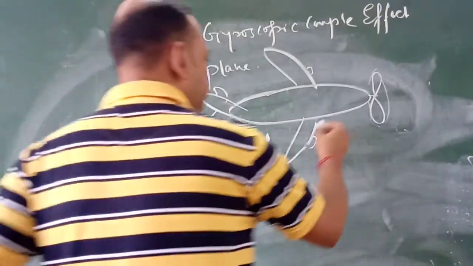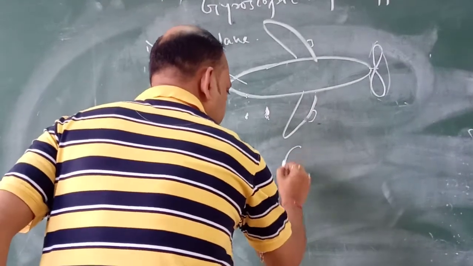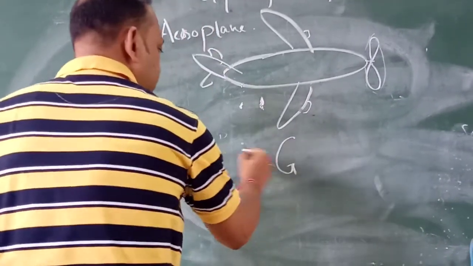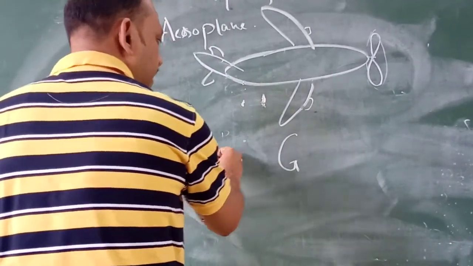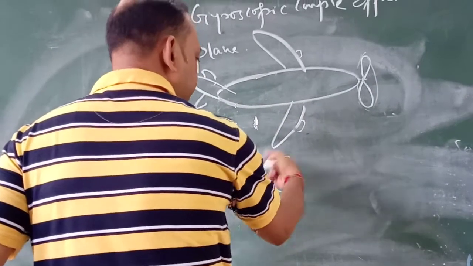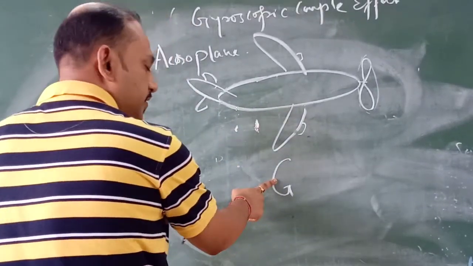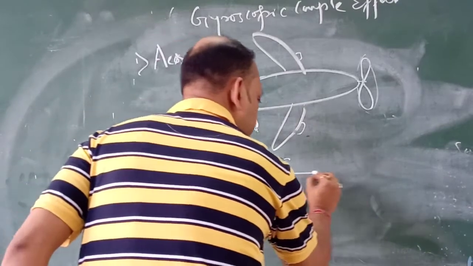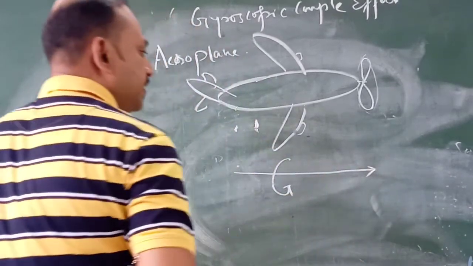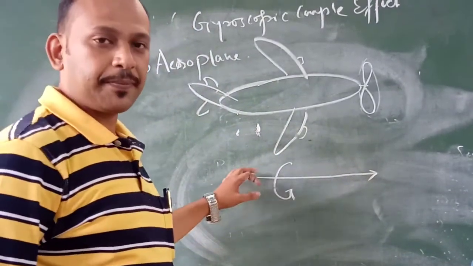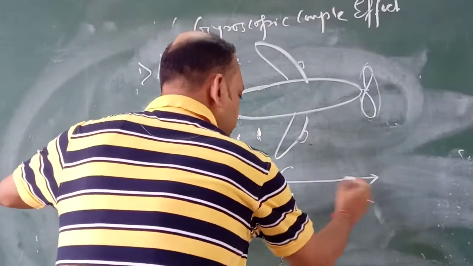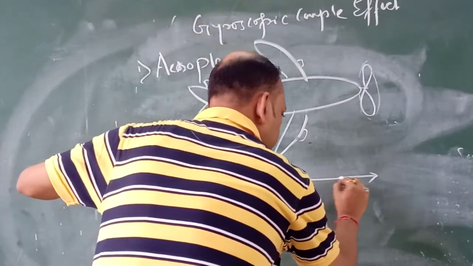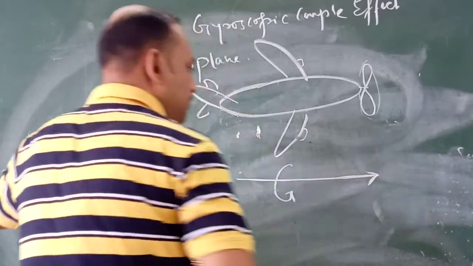So in this case, if it is rotating in this direction when viewed from the back, or in the anti-clockwise direction when viewed from the front, the velocity vector will be acting in this direction. So this one is representing the direction of axis of spin.